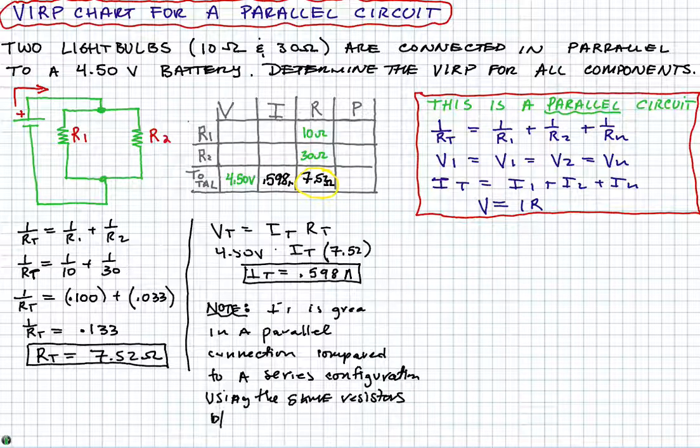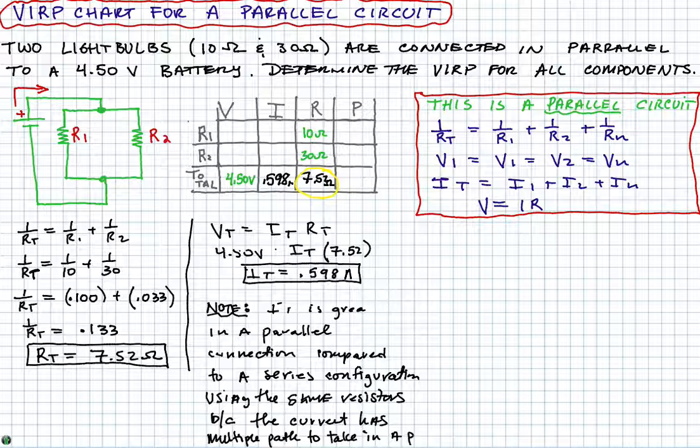And this is because the current has multiple paths to take in a parallel connection. So let's just put a little box around this.